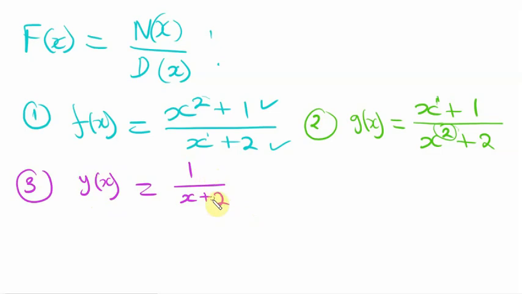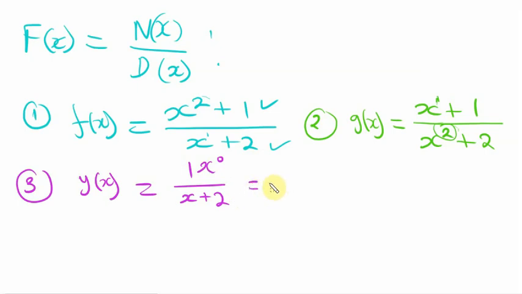It has a numerator and a denominator. But let's describe it even further. In this case, we have a constant as the numerator, but we discovered that a constant has a variable x raised to the power 0, which means it's also a polynomial.